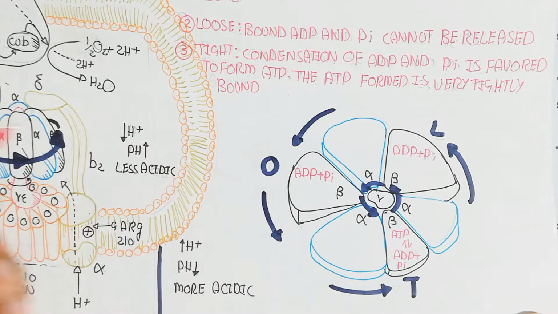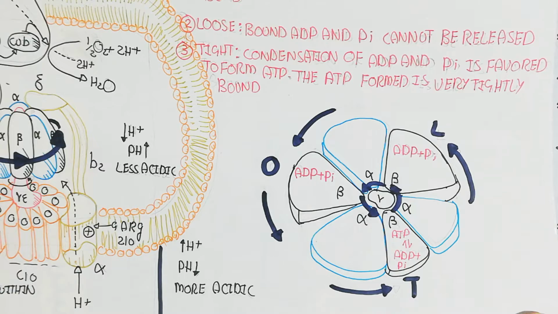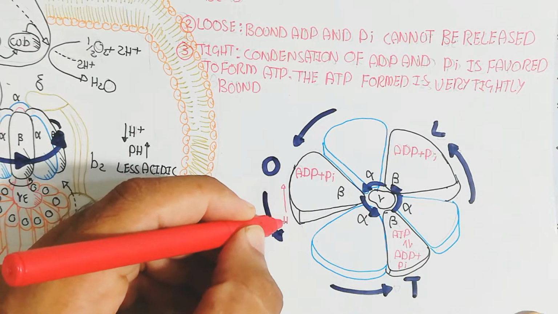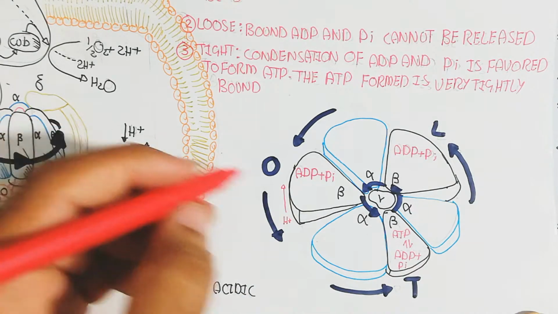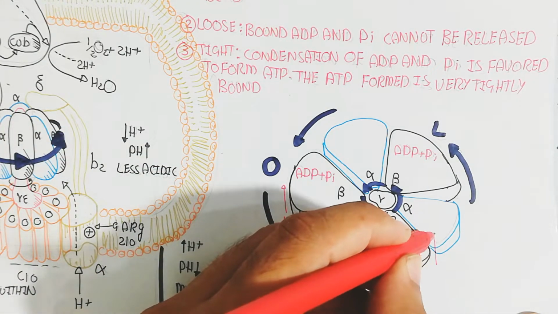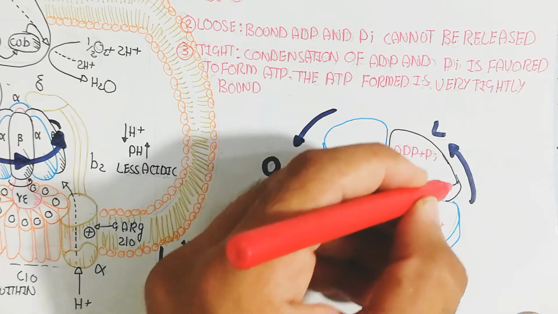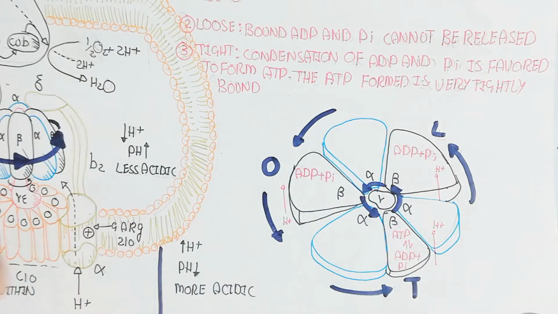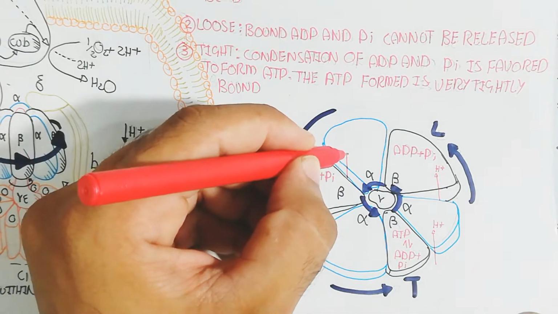The new ATP is released, and ADP and inorganic phosphate bind again. So O means open and L means loose. The loose formation will lead to the T, the tight formation.